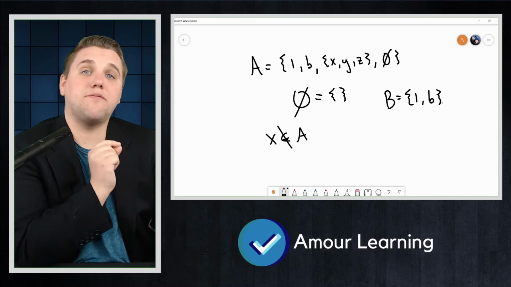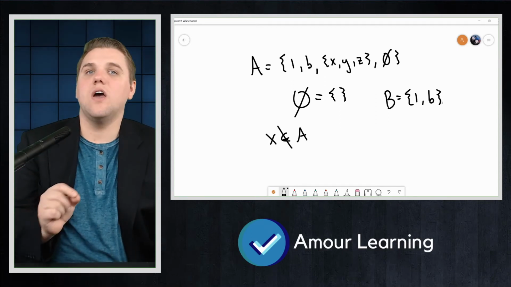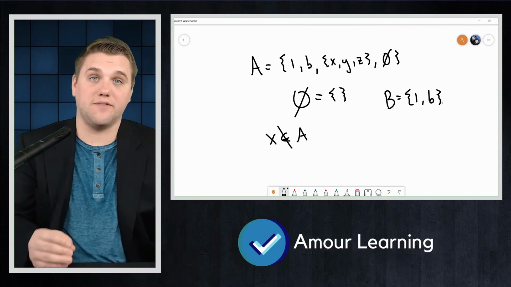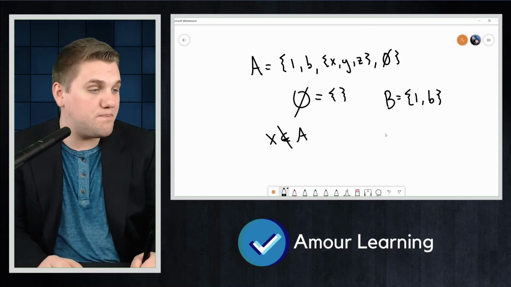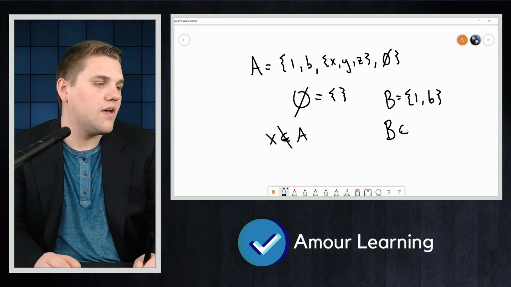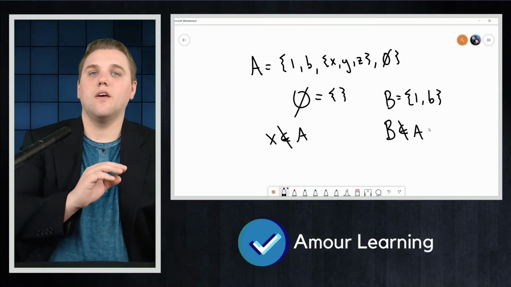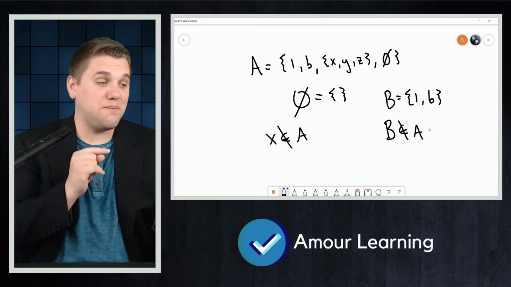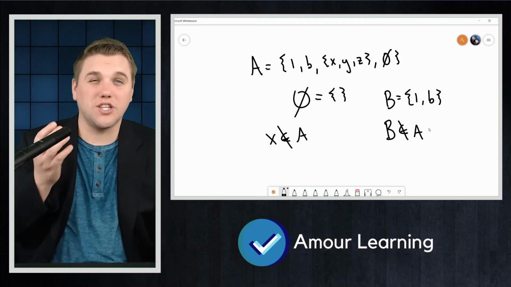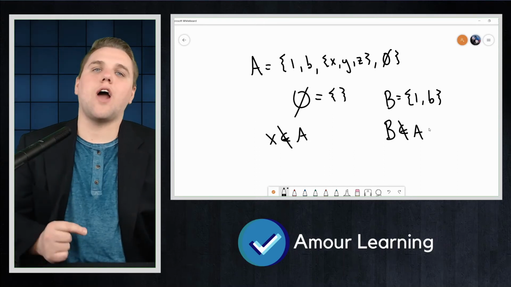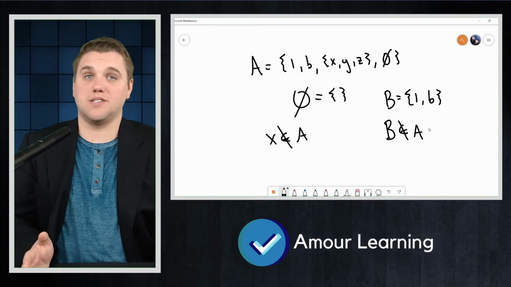Even though the elements of B are elements of A, we cannot say that the set B is one of the elements of A. Therefore, B is not an element of A. Soon we'll see that technically B is a subset of A, which is a little different from being an element of A.